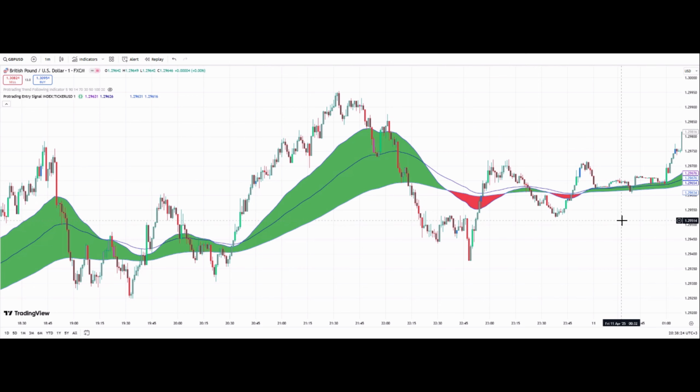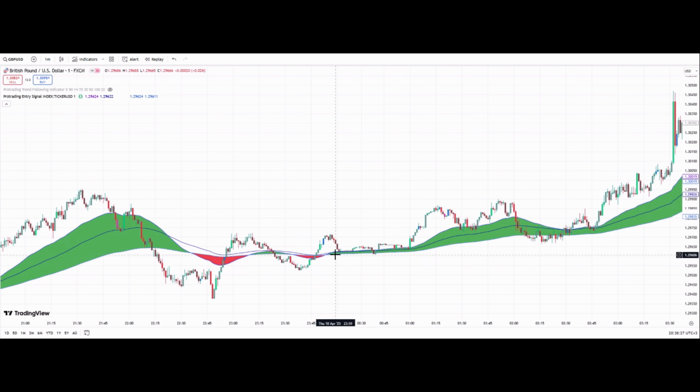You see here again we're still following the same strategy. This is the point where the signal was generated, and we're waiting for price to break above. Here price breaks above, we enter the market, and this is our most recent swing low, so we place our stop loss here.